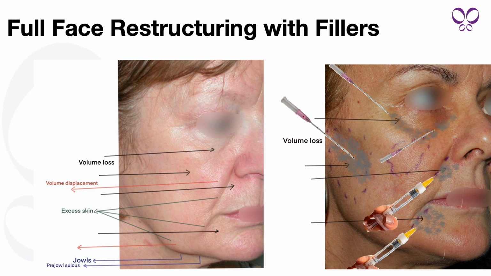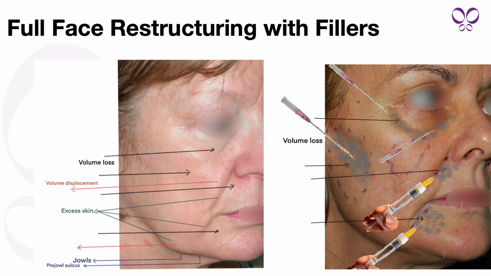So the volume loss is in the tear trough extending into the submalar region, and this is volume displacement causing the fold. This is volume loss medial to the nasolabial fold, excess skin in the nasolabial region and in the labiomental region. There is excess fat here in the jowl and prejowl sulcus with deficiency in volume here. Same thing in this patient.